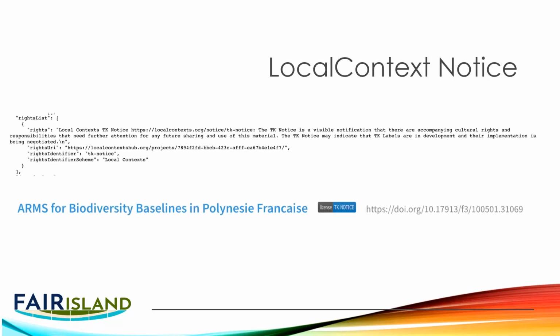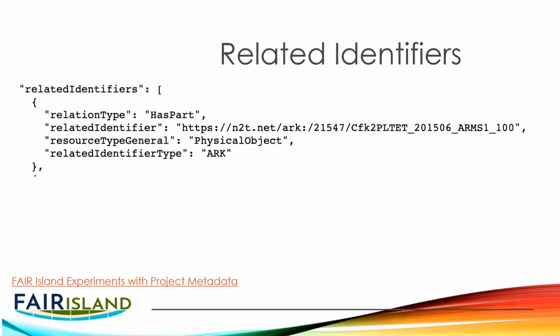Because we have this included in the metadata for the project, we also get this little badge that shows there's a Local Contexts notice. This is actually the first example of a Local Contexts notice in DataCite Commons, and it's just a demonstration of what's possible here. So we're excited to keep going with that.